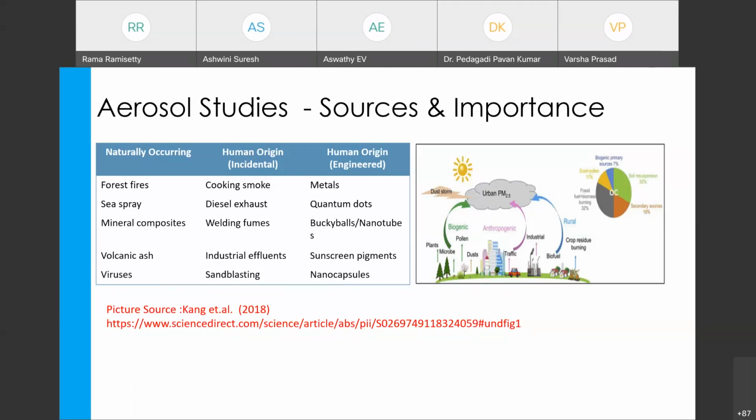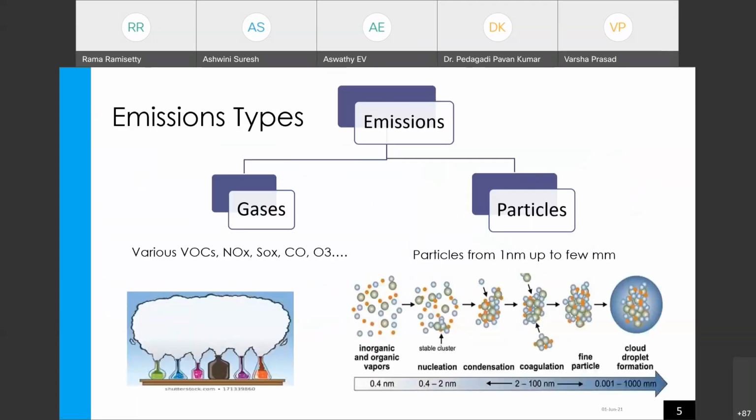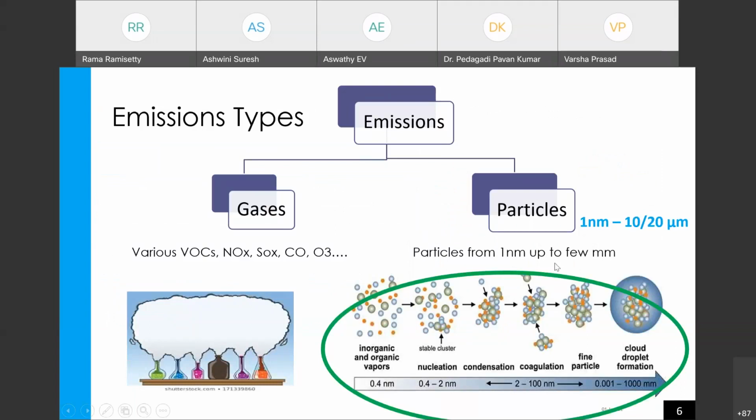Basically, if you look at emissions, we have two major types: gases or particles. I'm not going to talk about gases. I'll only explain a few important techniques for particles. Most of the time, particles range from 1 nanometer, which we call new particle formation, up to a few millimeters.